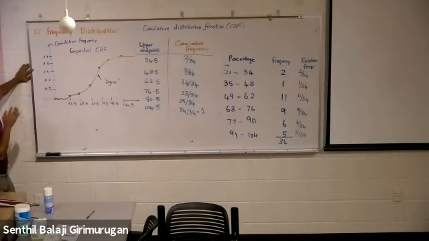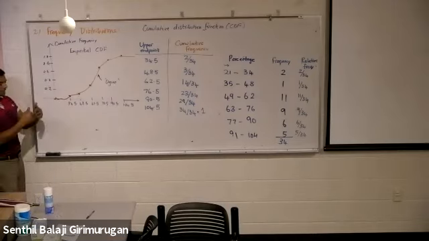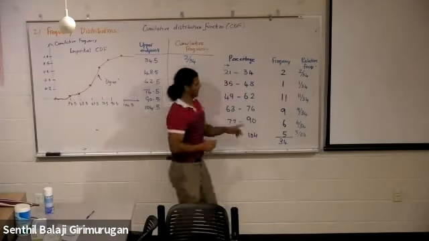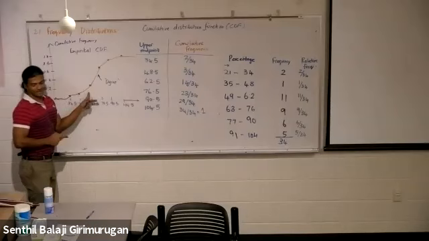So what is the purpose of cumulative frequencies? If someone asked you, what are the chances that a student's battery is at most 62.5? We wouldn't look at relative frequency. I can just look right over here.